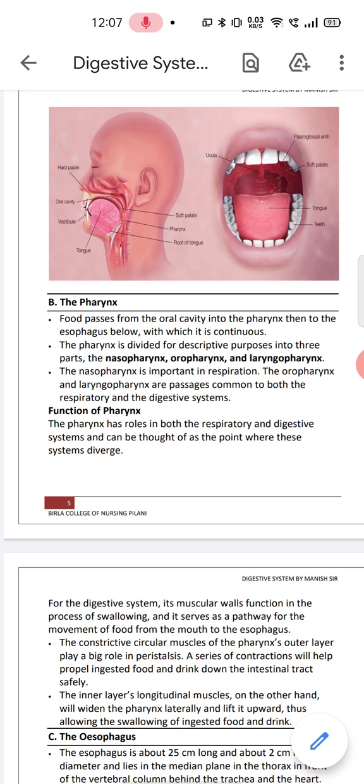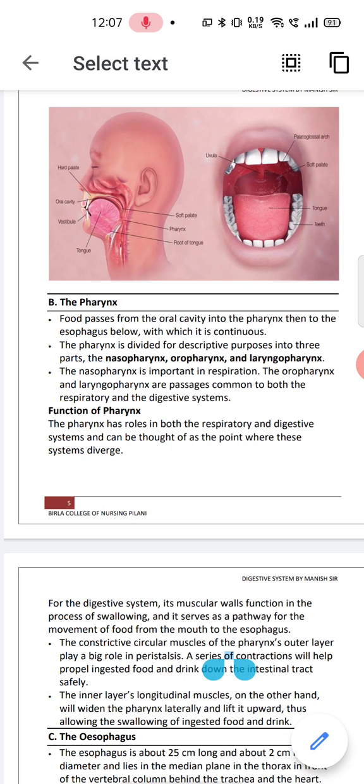After passing the pharynx, the digestive system is separated from the respiratory system. The digestive system is connected at the end of the pharynx. It continues with the esophagus, and the respiratory system is the continuation of the larynx.